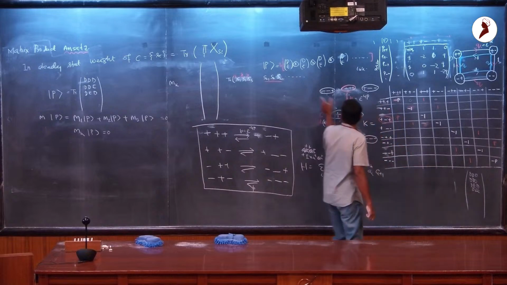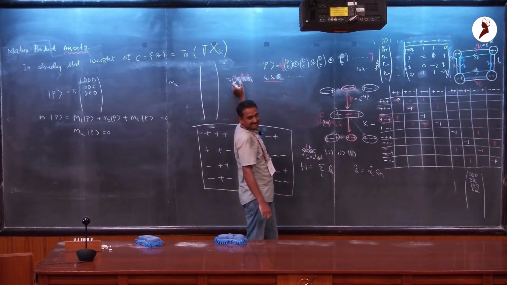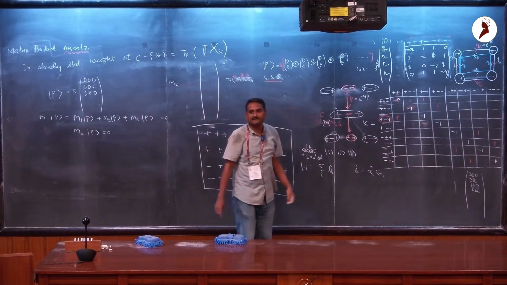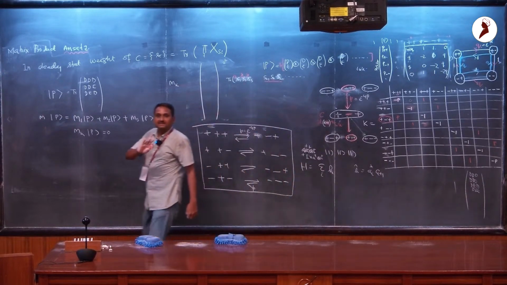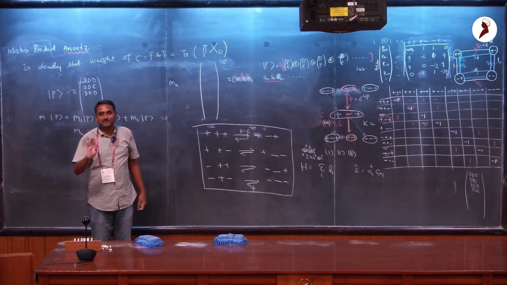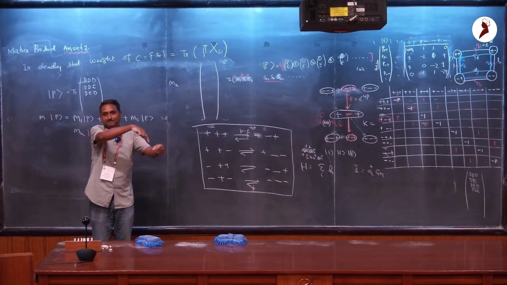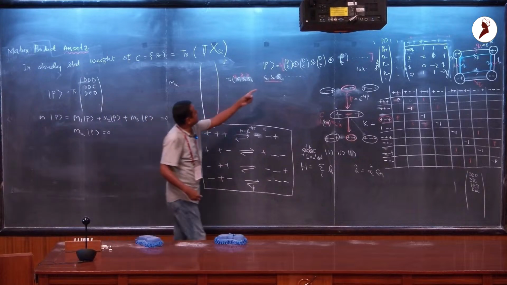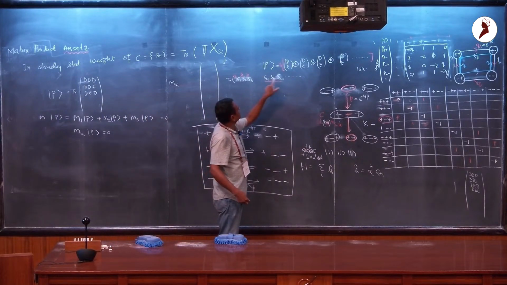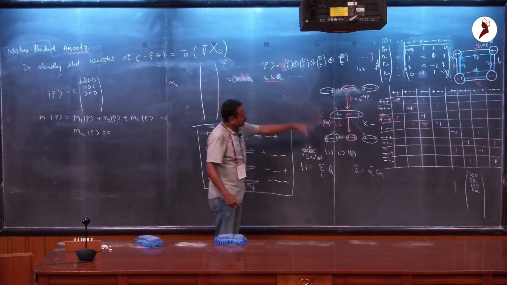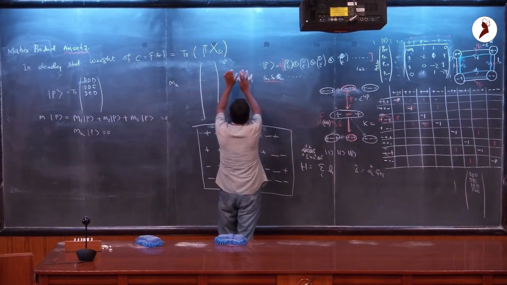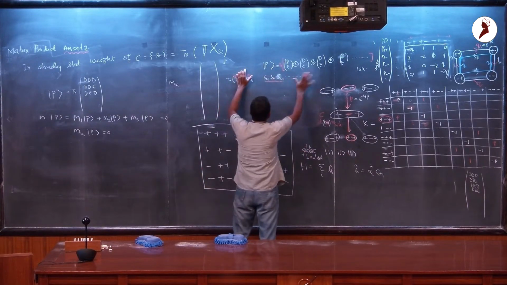This matrix will operate on these 3, and the rest of them are unchanged. Right? Are you getting the point? Where does mk operate? K, k minus 1, and k plus 1. So these 3 things can be plus, plus, plus, or minus, minus, minus, like that, and I am operating that. So everywhere else this remains unchanged.